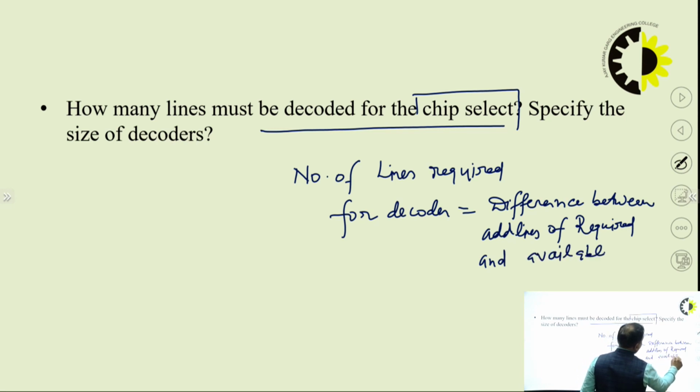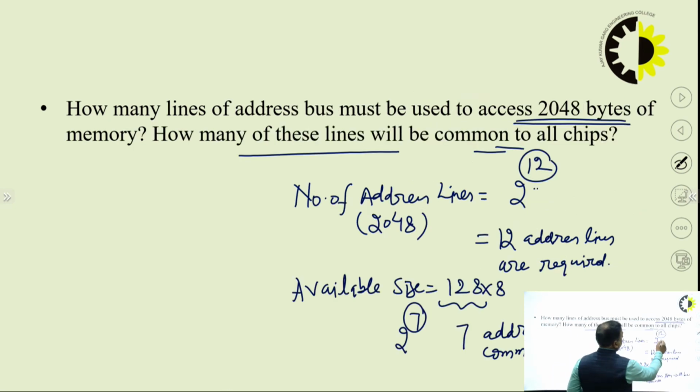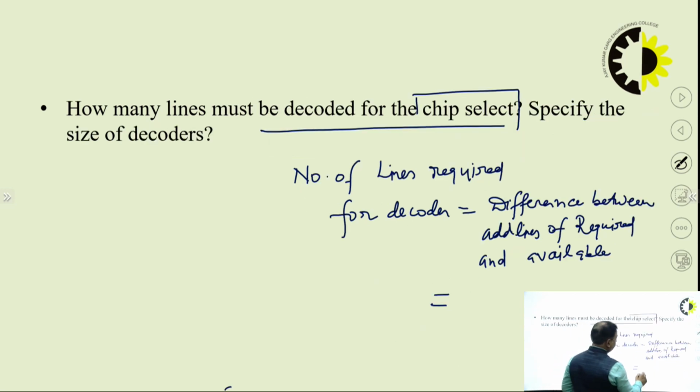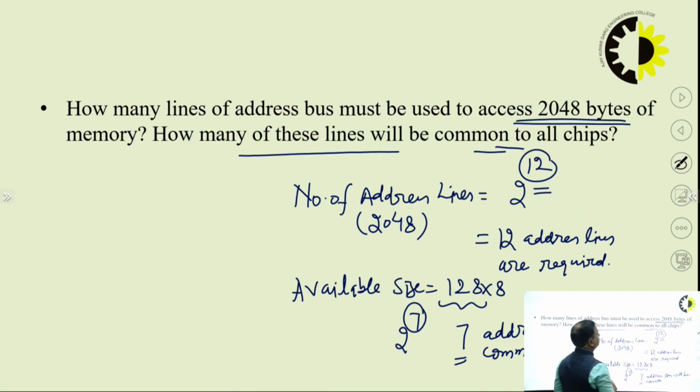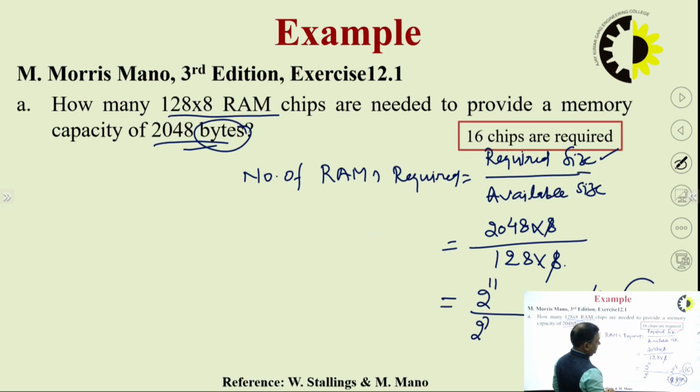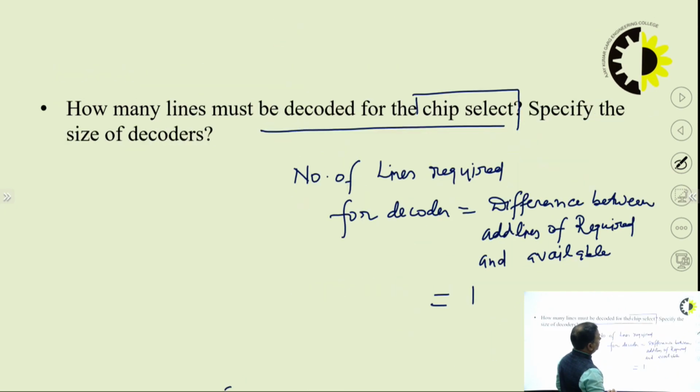So, this is a very common concept. 12 is required, available is 7. Sorry, this is 2048, so the number of address lines required is 2 to the power 11, right, 2 to the power 11.